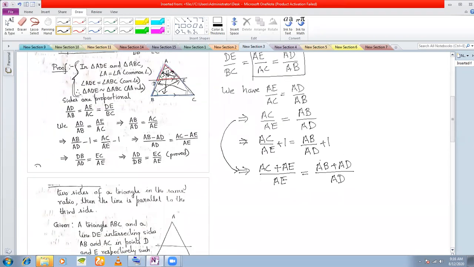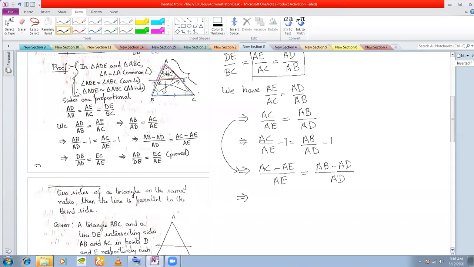And what is AC plus AE? Or subtracting 1. Okay, fine. Subtracting 1 from both sides. Don't have to add, we subtract 1 from both sides. So this sign changes. Okay. So the next step is now AC minus AE.